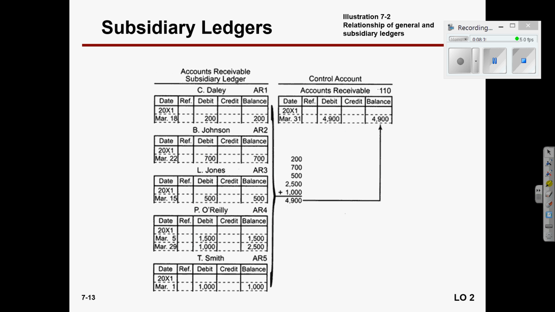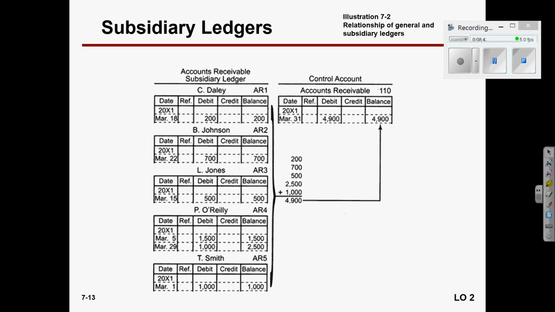The big thing that you need to know though is they are talking to each other. If you add up all the debits, it will equal the one control account debit. If you add up all the credits, it will equal the one control account credit. And in an AR world, which one do you want bigger, the debits or the credits? Trick question.